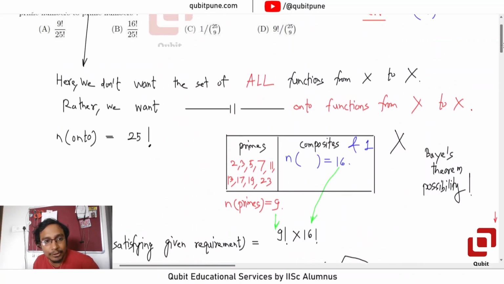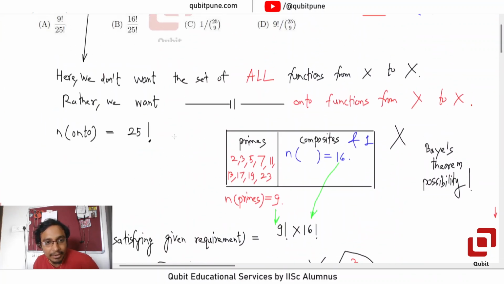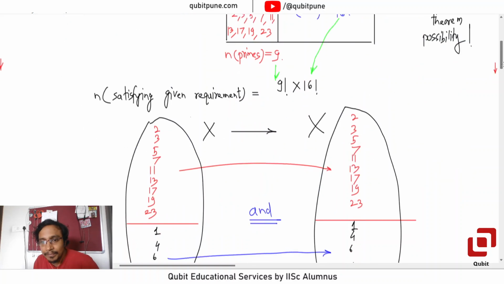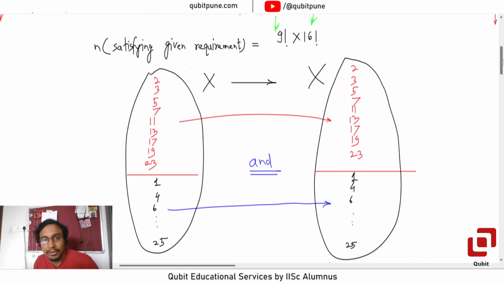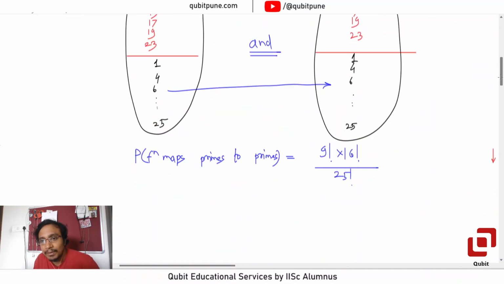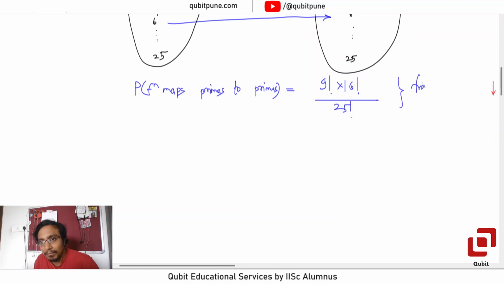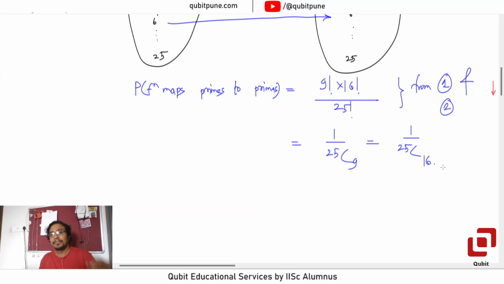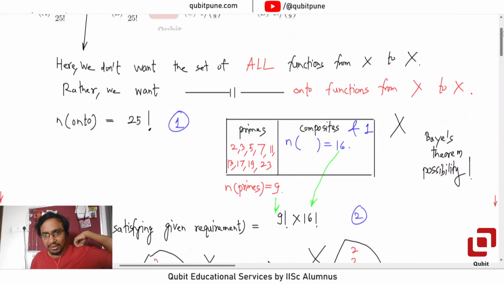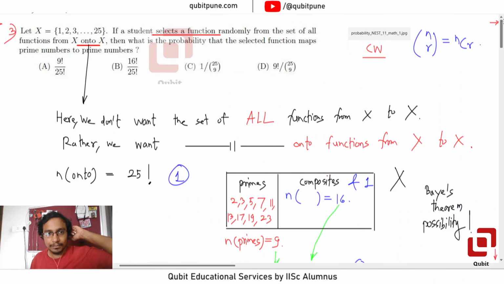Where did 25 factorial come from? Let's call it 1, let's call this 2. So this is actually 1 upon 25 C9 or 25 C16. So which of the options is correct? C. Any doubt in this?